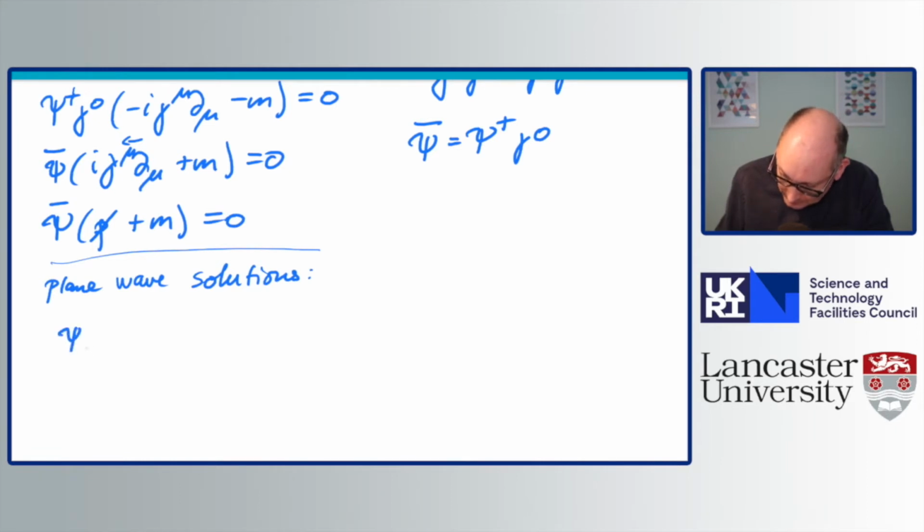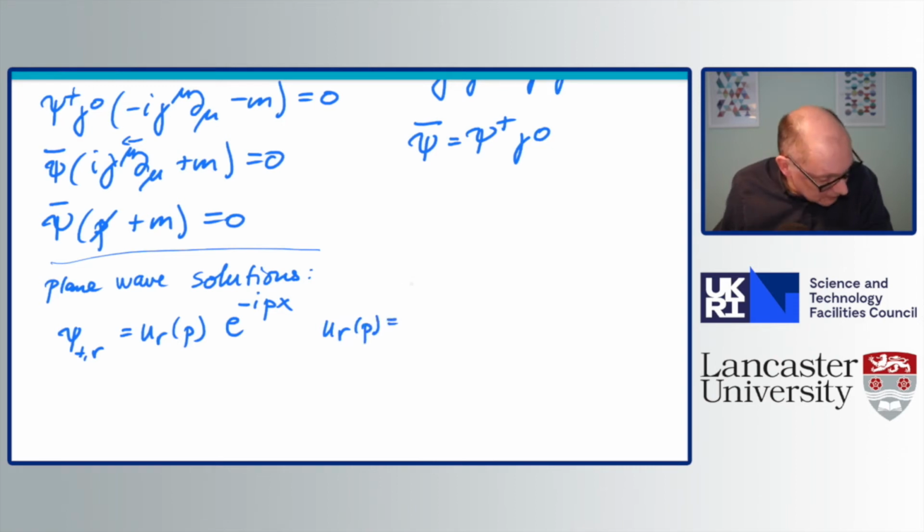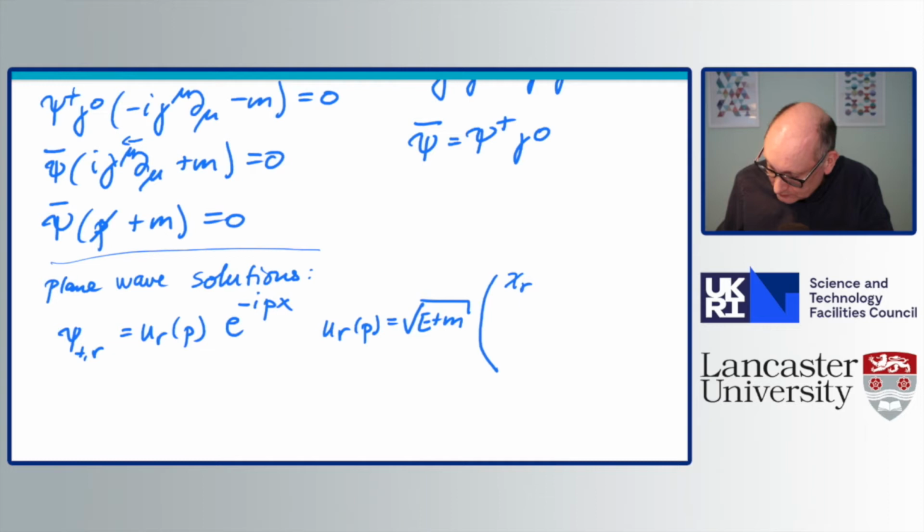And we wrote those as the positive energy solution of spin r equal to u r of momentum p e to the minus i p x, with u r of p equal to square root of e plus m, just a normalization factor, times psi r for the first two components in the 4-spinor, and sigma dot p divided by e plus m times psi r for the lower two components.